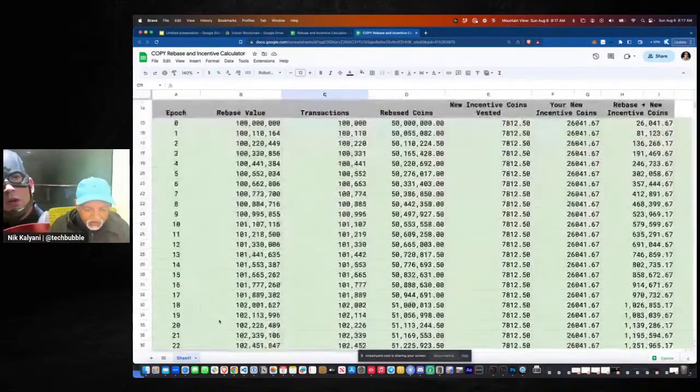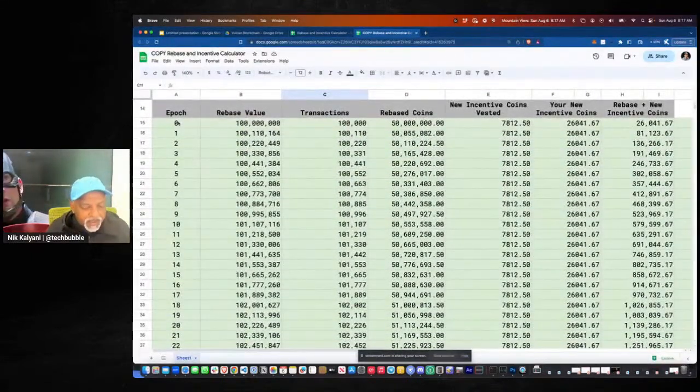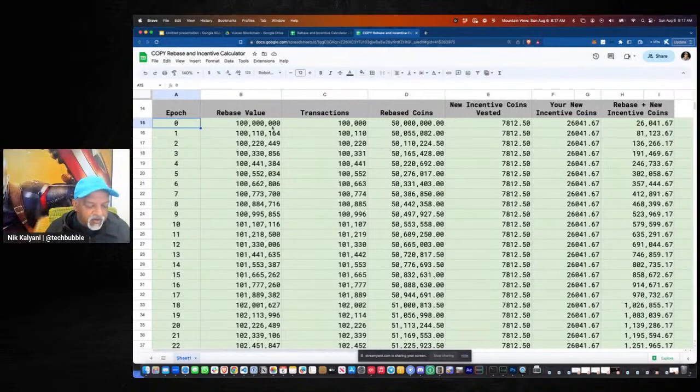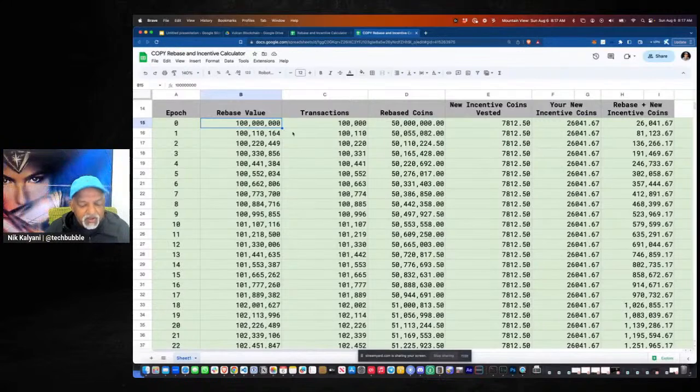Okay, so we start when the blockchain goes alive. That's called Genesis. We have a value here of 100 million. So this is just 1.00000000, eight decimal places, expressed as an integer. Why is it expressed as an integer? Because on the blockchain, we don't actually work with decimal numbers.